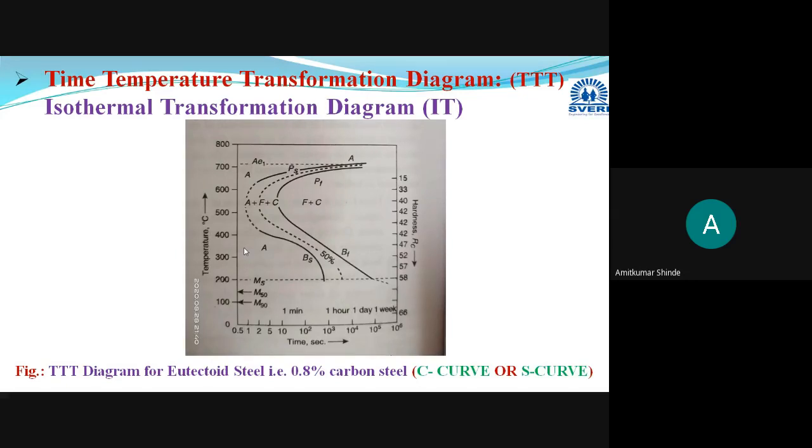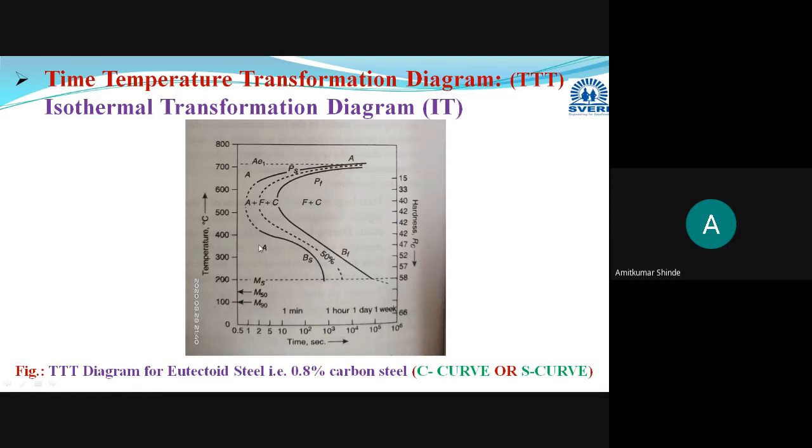What will this TTT diagram indicate? The phases existing in the steel. This TTT diagram is only for steel. It will indicate the different phases existing here: austenite, ferrite, cementite.